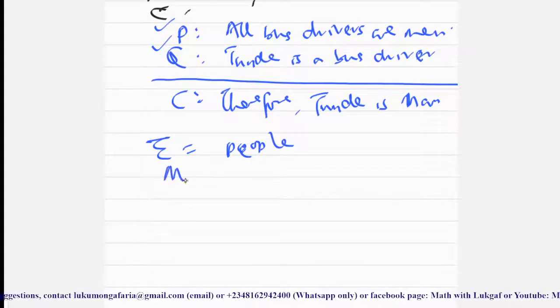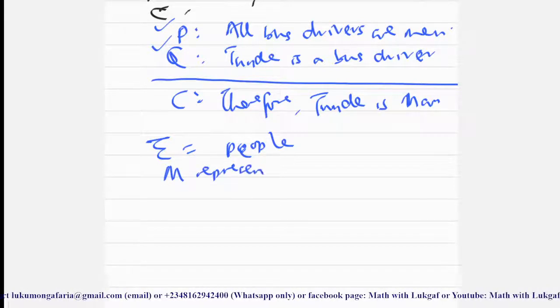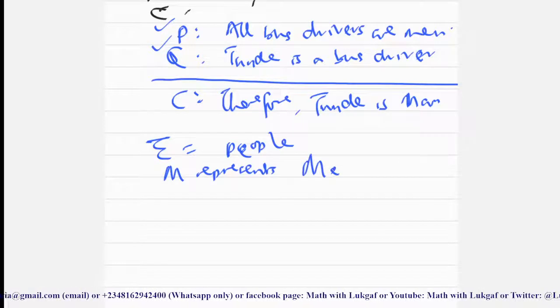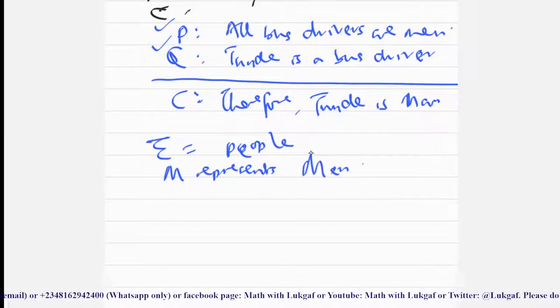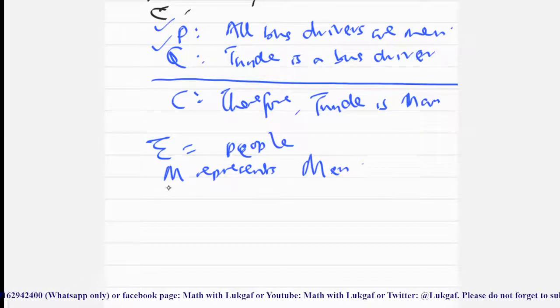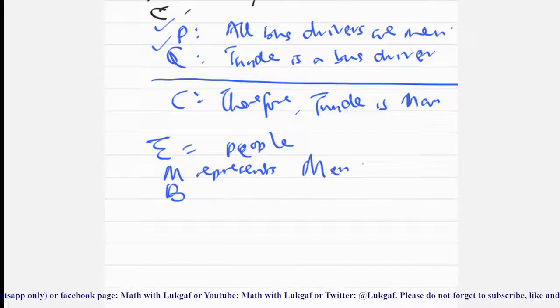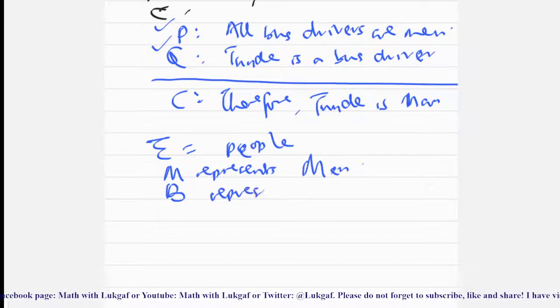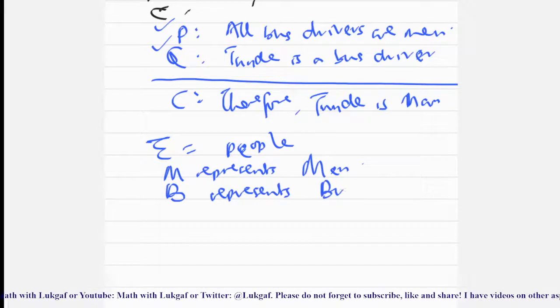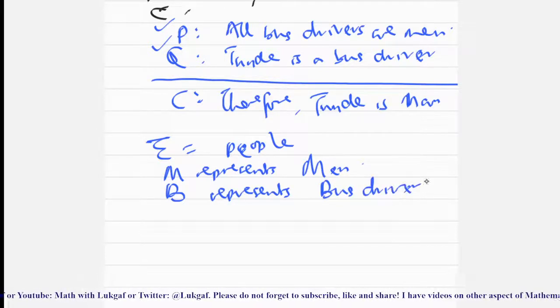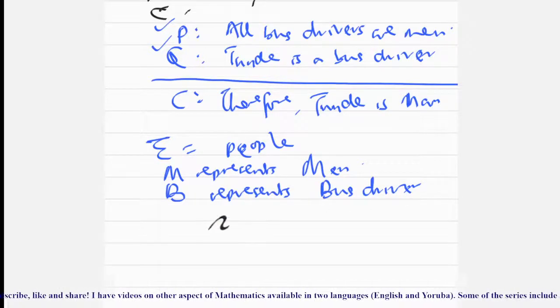Then M represents men, and B represents bus driver. Since we have a universal set and we want to use a Venn diagram, this is what you are going to have.